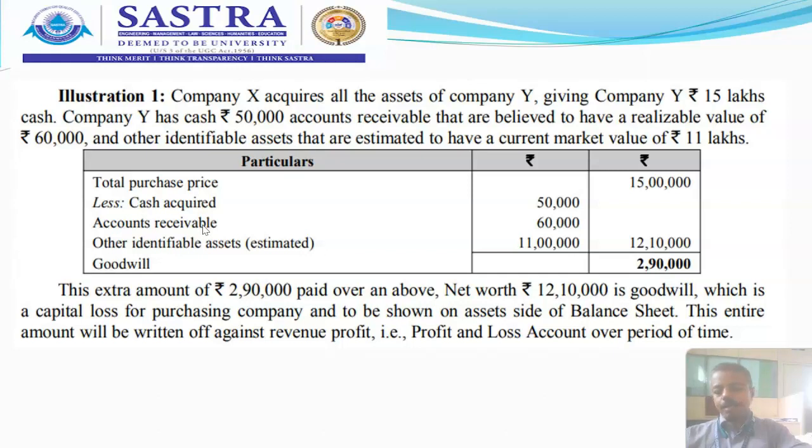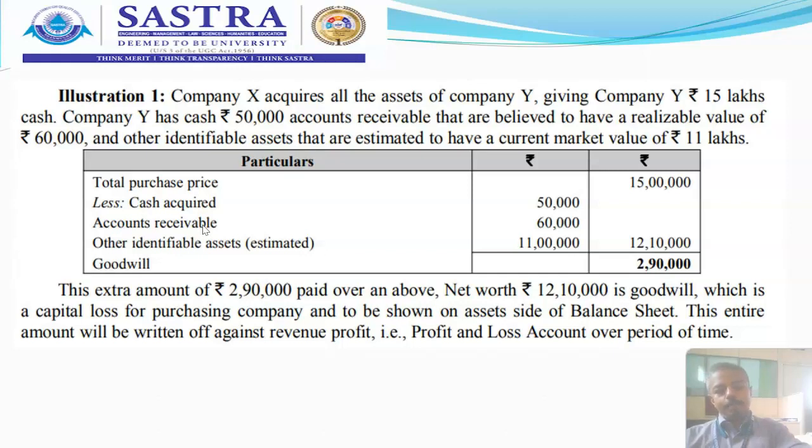So any loss, accumulated loss, needs to be shown on the asset side, is it not? So the capital loss, which we call goodwill, has to be shown on the asset side of the balance sheet. This entire amount will be written off against the revenue profit over a period of time.